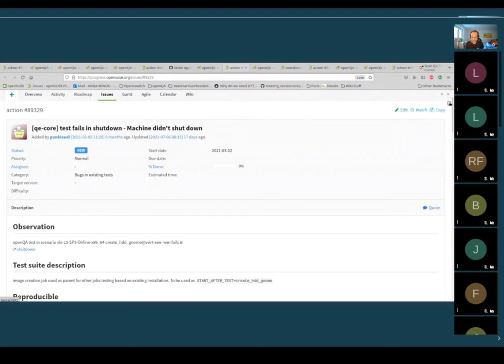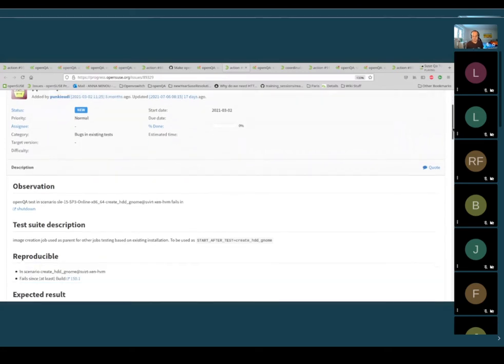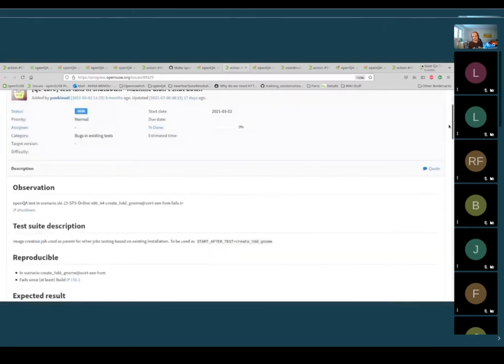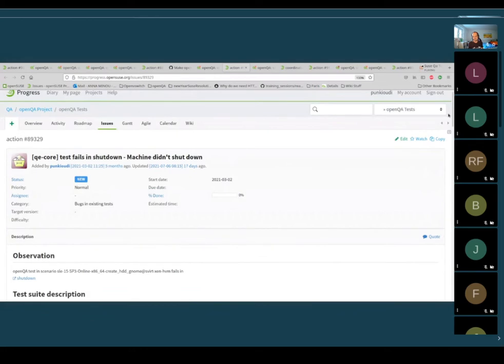And then while we had a discussion about this in our squad, I realized that there were many more tickets open like this.